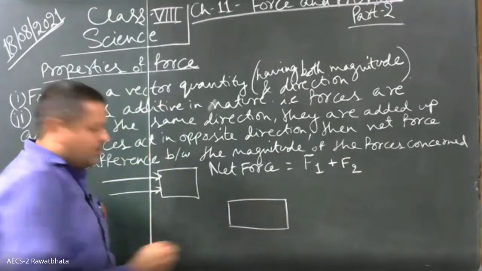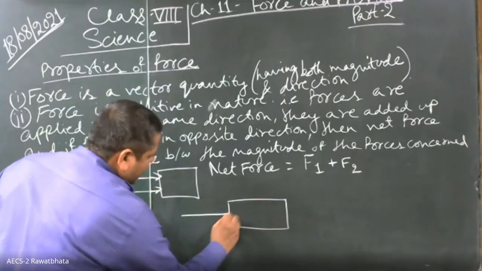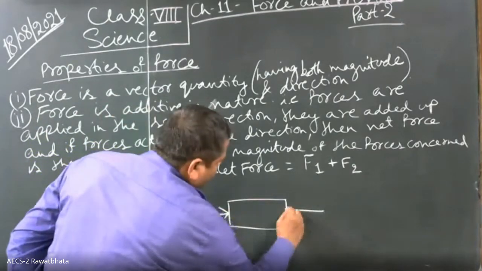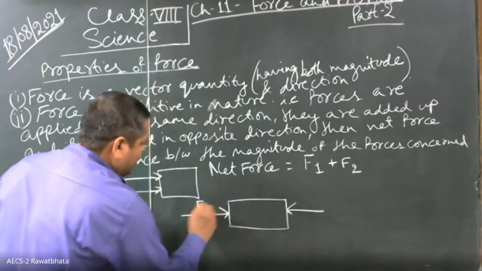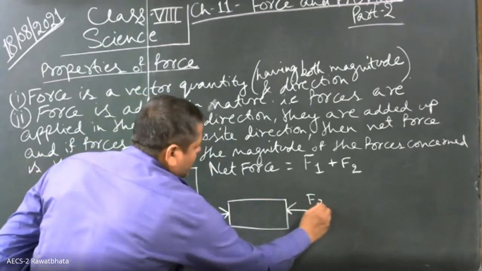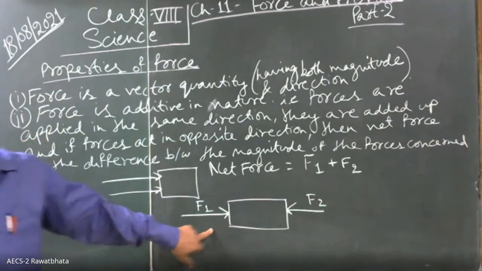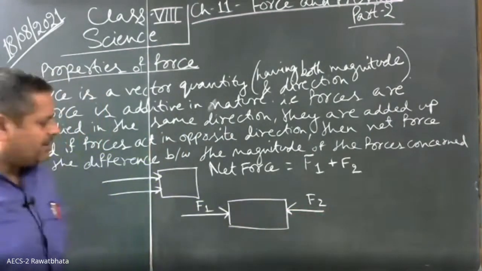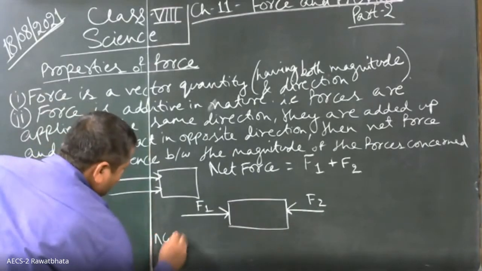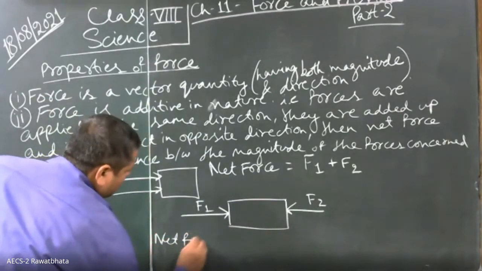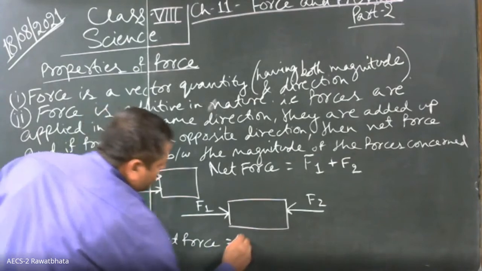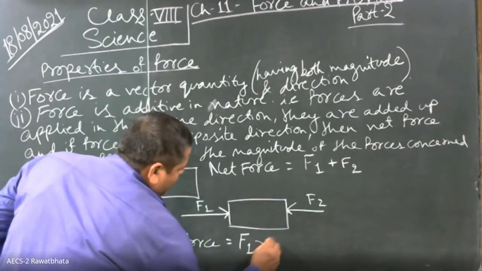But if the forces are acting in different directions, this is F1 and this is F2. F1 is acting from left to right and F2 is acting from right to left. Then the net force will be equal to F1 minus F2.